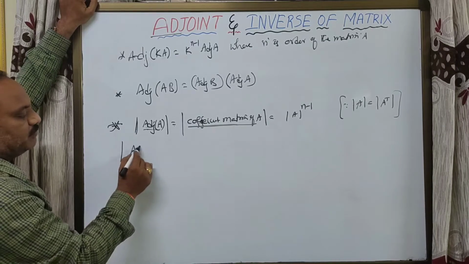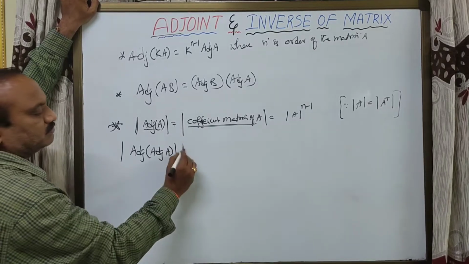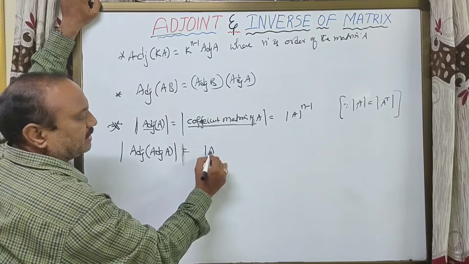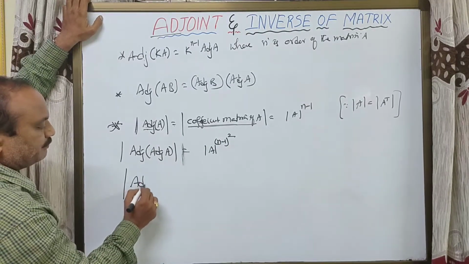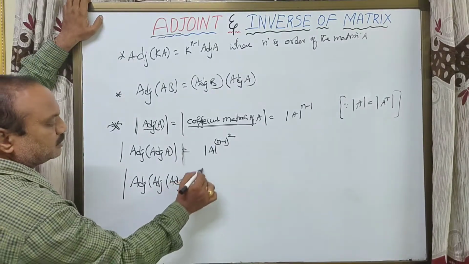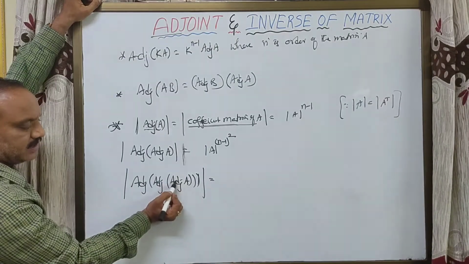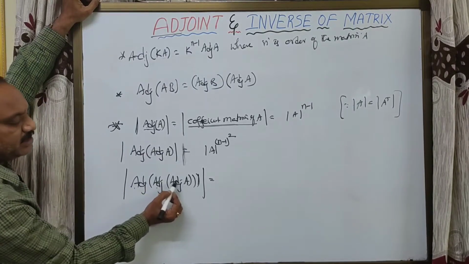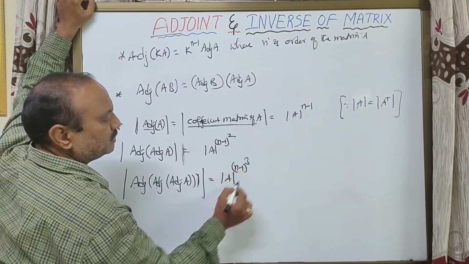Next, determinant of adjoint of adjoint A equal to det A whole power n minus 1 whole square. Students, matrix A's adjoint, if we find it, gives a matrix. Again the adjoint of that matrix, again adjoint of A. If we find adjoint 3 times, its determinant value is det A whole power n minus 1 whole cube.